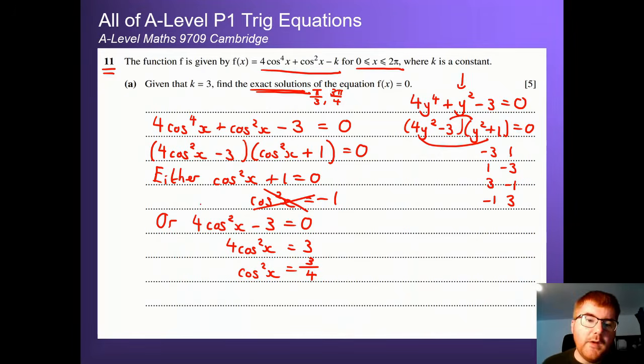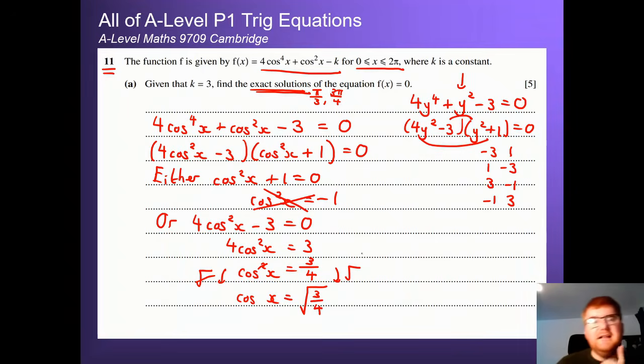And then we want to square root both sides to work out what cos x is on its own. So if we square root, this cancels, giving us cos x. If we square root this side, this gives us the square root of 3 over 4. But we can write this slightly differently to hopefully trigger an exact value in your mind here. So this is the same as the square root of 3 over the square root of 4.